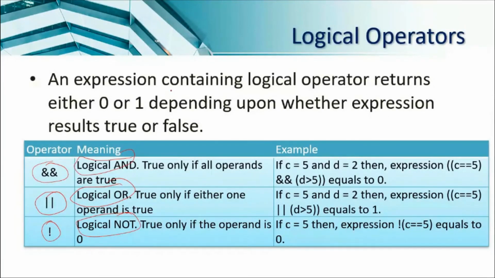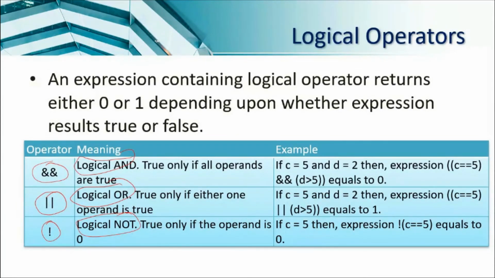In this case, it returns either a 0 or 1, depending upon whether the expression results true or false. We can see an example. The logical AND, logical OR and logical NOT are used normally to evaluate different expressions.